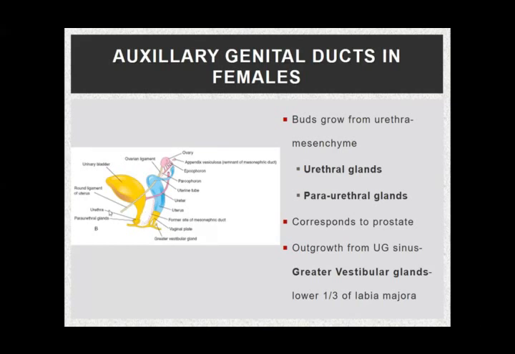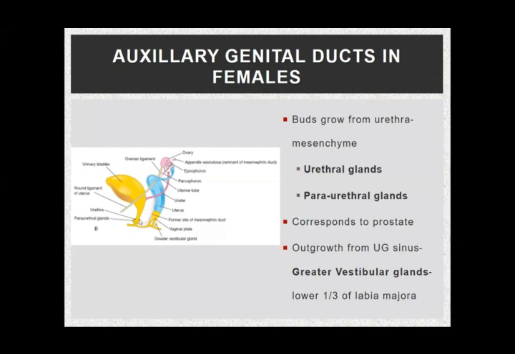All this is mesenchyme around the developing structures. So these buds grow into the developing mesenchyme, and these buds develop into urethral glands and paraurethral glands. ये देखिए paraurethral glands लेबल किया हुआ है. This is from KLM. ठीक है?